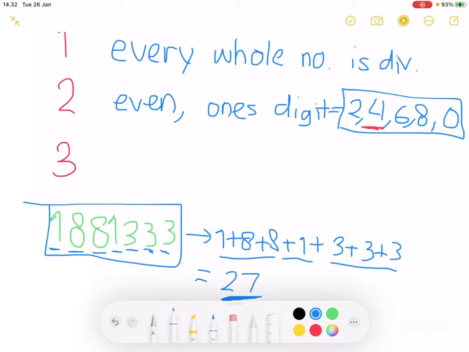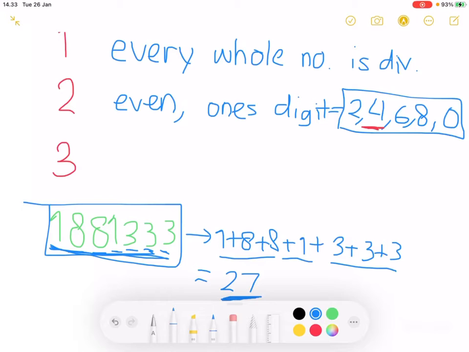If you are unsure, you can just do the same thing over and over again. If you found an answer, whether it is divisible by 3 or not, you can jump back to the original number and tell if it's divisible by 3 or not.